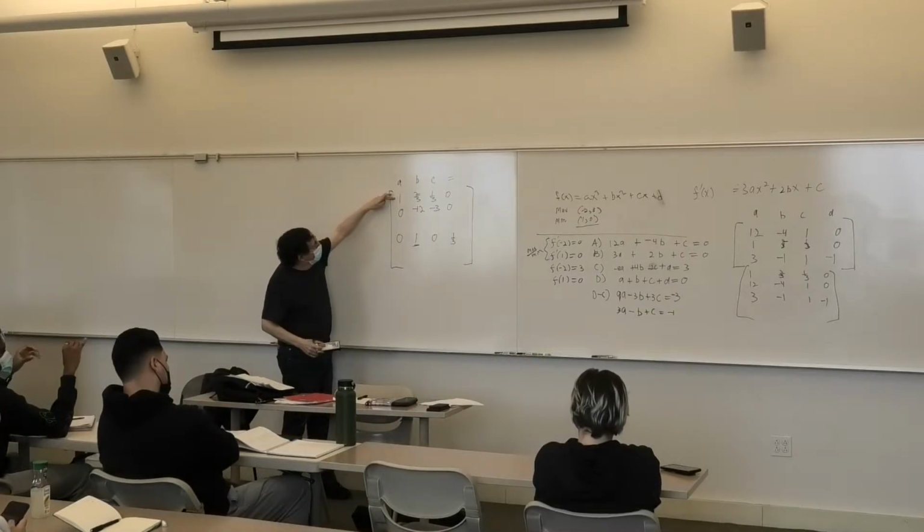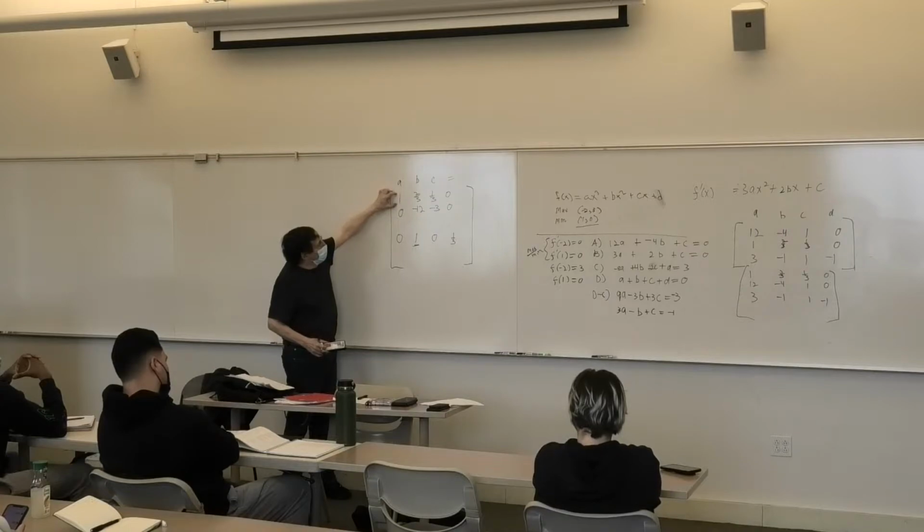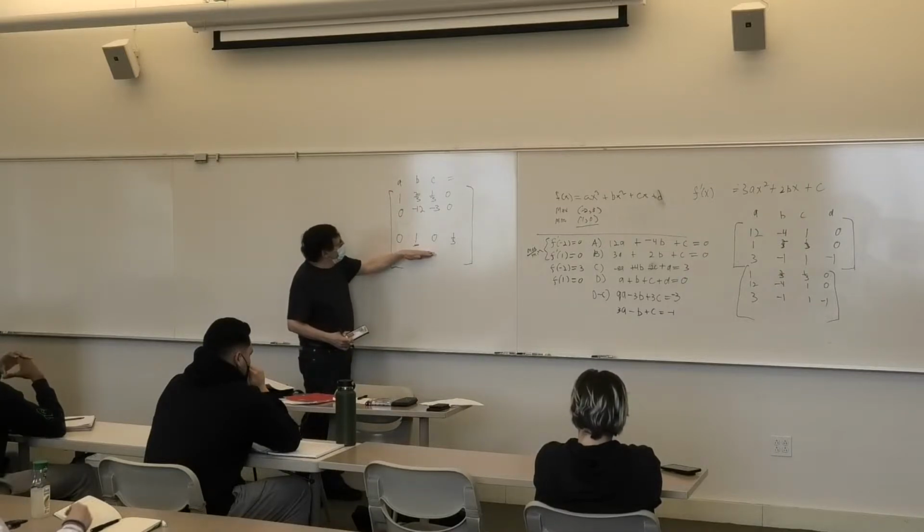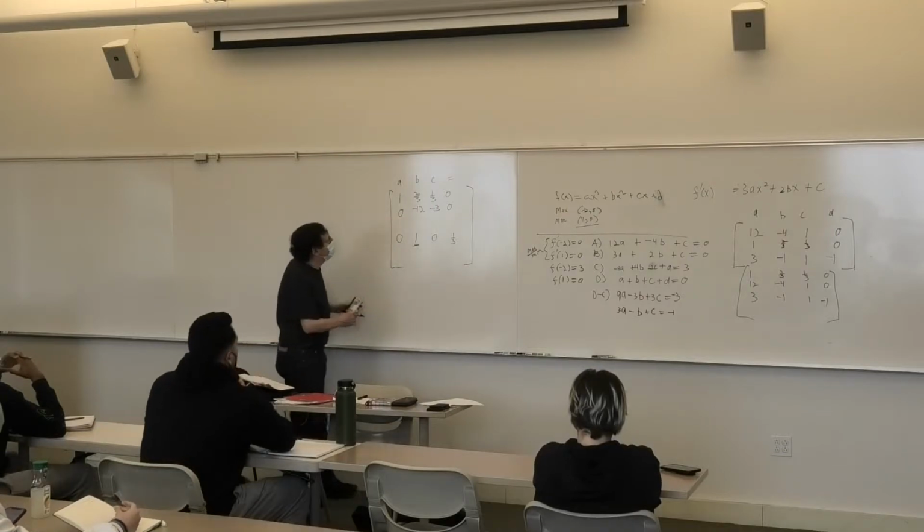And so I can multiply one of these by any number. I can switch them. I can multiply them by a number and add it to another. So those are the row reduction things you can do, which are equivalent to the elimination process. So, okay, I want to multiply this by 12 and add it here.